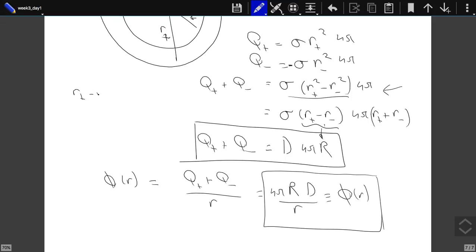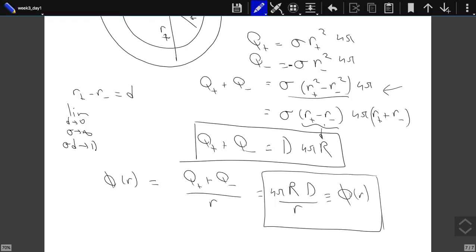Yes. And this is the limit we are taking. D goes to 0, sigma goes to infinity such that sigma times D goes to capital D. No, R minus is not going to 0.